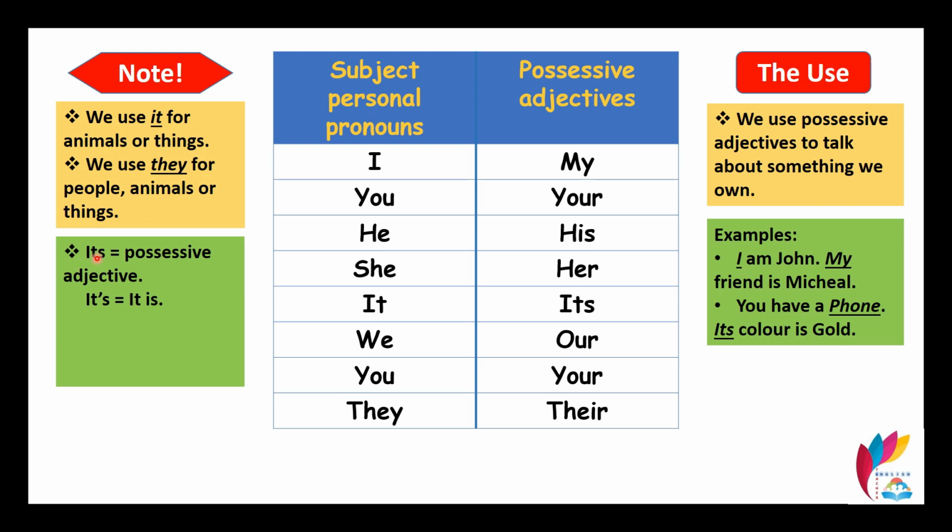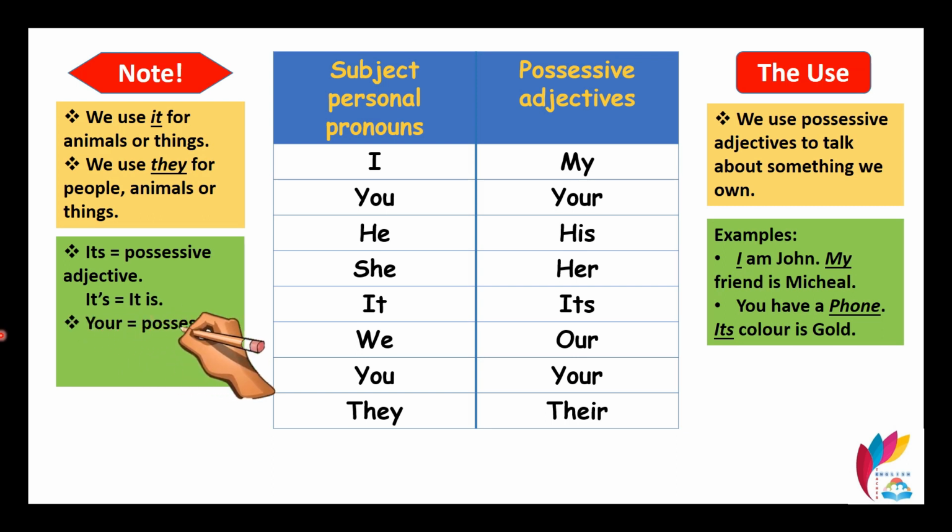As the animals don't have a car, we say "its ball," for example. But "it's" refers to "it is," the verb to be, okay? "It is." This is without the apostrophe, and this is with the apostrophe. "It's" refers to "it is."